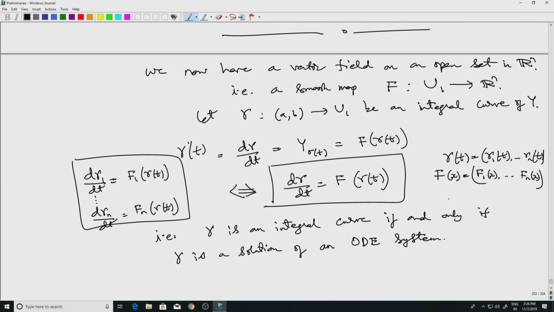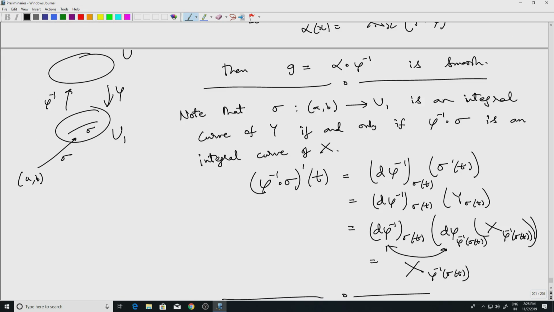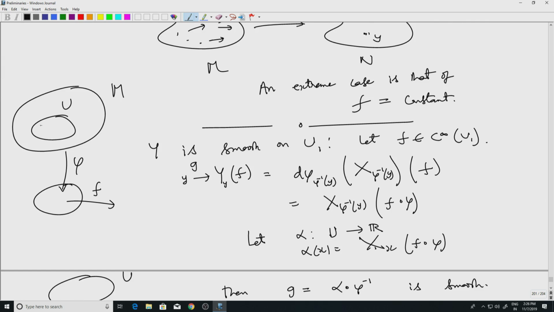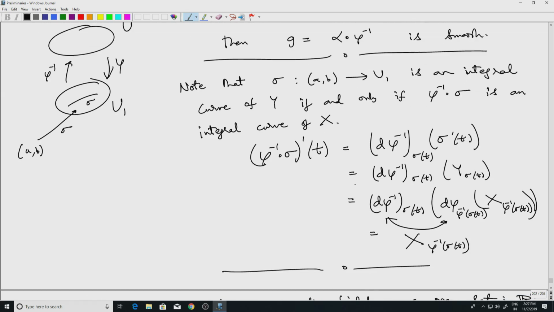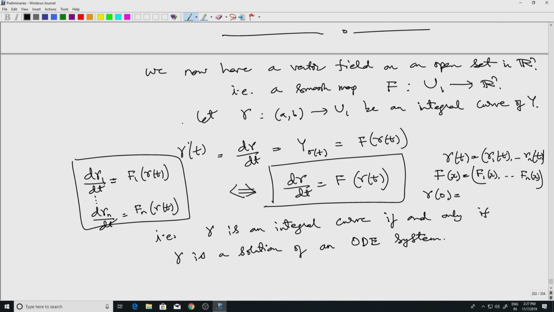If we want an integral curve starting at p, remember that phi inverse sets up a correspondence between integral curves in U1 and U. So if I want something starting at p, I should start here at phi of p.